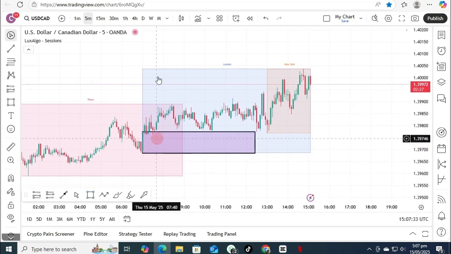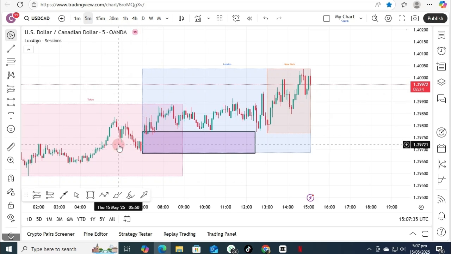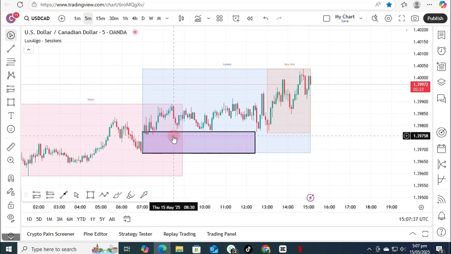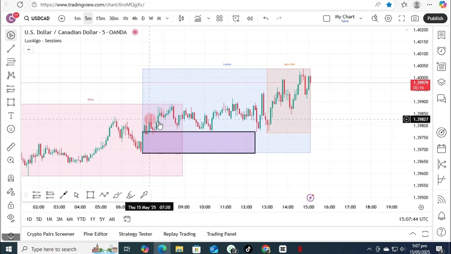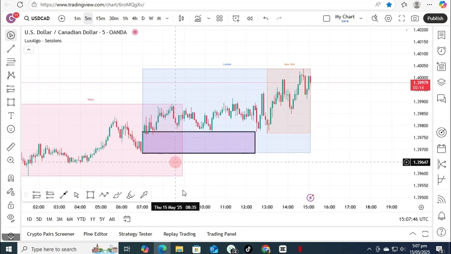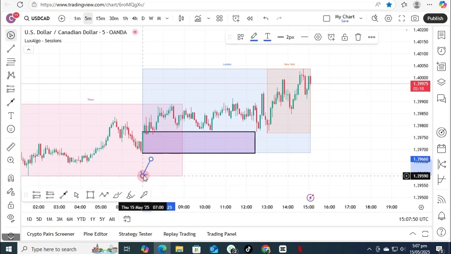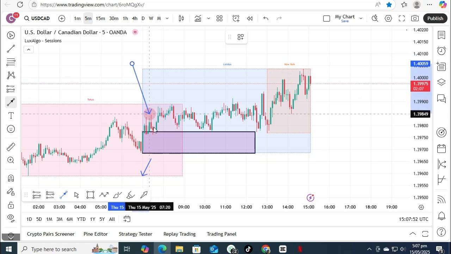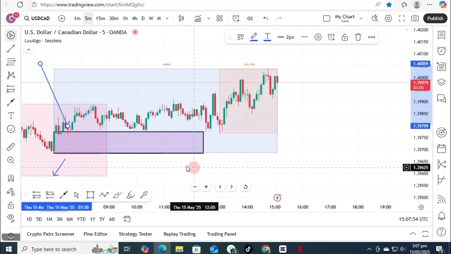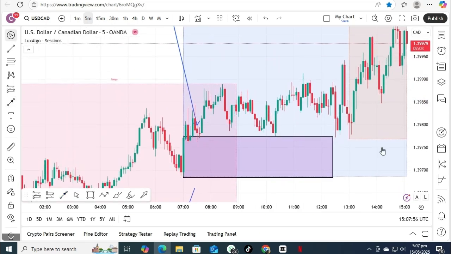After the London session starts and the Tokyo session is still in progress, make sure that price closes on a full candle either below or above that candle. If it closes above, definitely buy. If it closes below, sell.